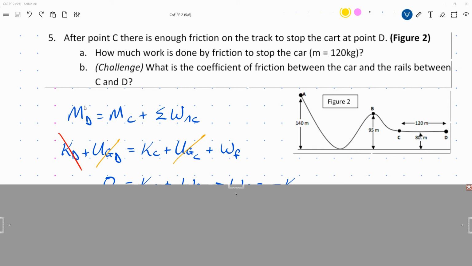So I can justifiably cross out the kinetic energy at point D because it stops at point D. And here's a kind of clever little shortcut. The gravitational potential energy at D is not equal to 0, but it is equal to the gravitational potential energy at point C, since they have the same height. So don't think of this as crossing out because it's equal to 0. Think of this as crossing out because this and this are equal, so I can actually subtract them from both sides of the equation.